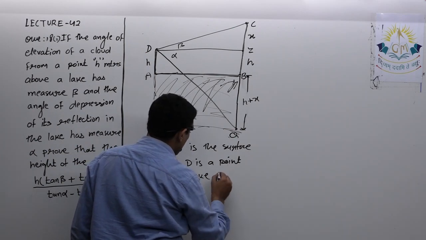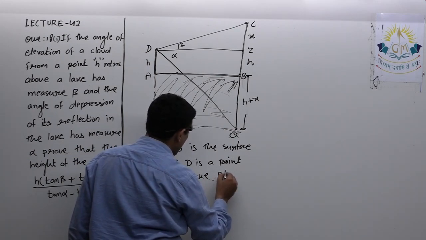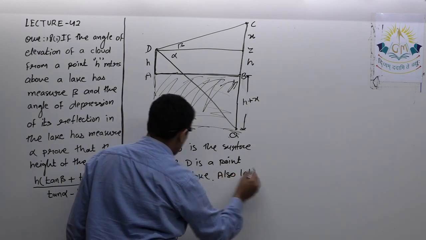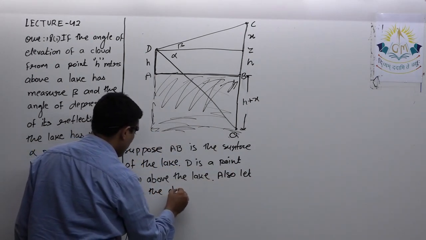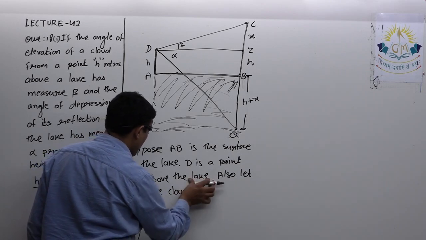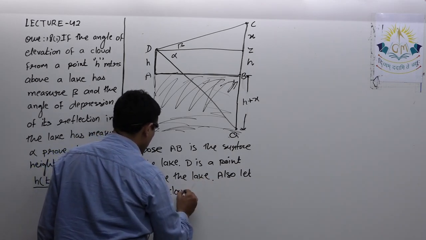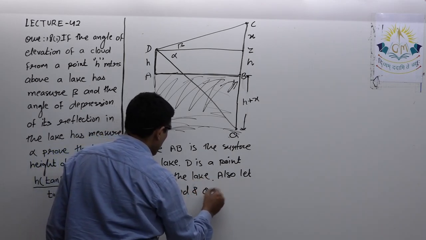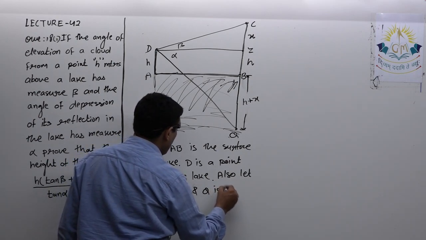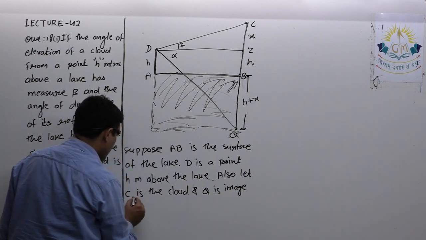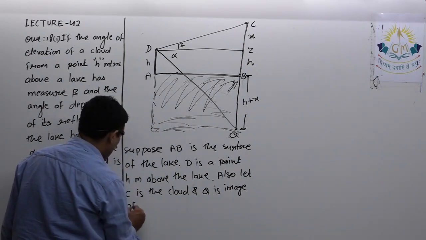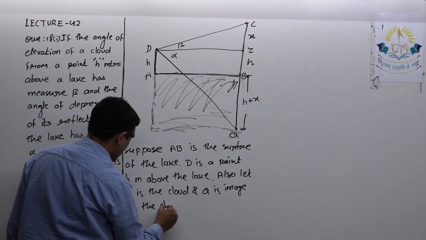Also let C be the cloud, and Q be the image of the cloud.